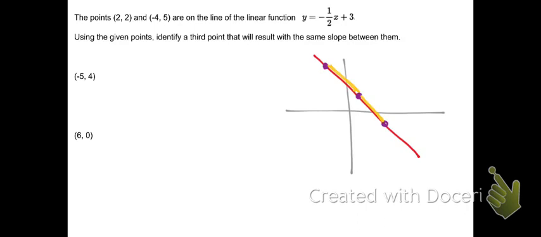Or it's going to be the same as the slope between this one here and this one here. The slope on a linear equation, a linear function, is the same the whole time. It has that same steepness.